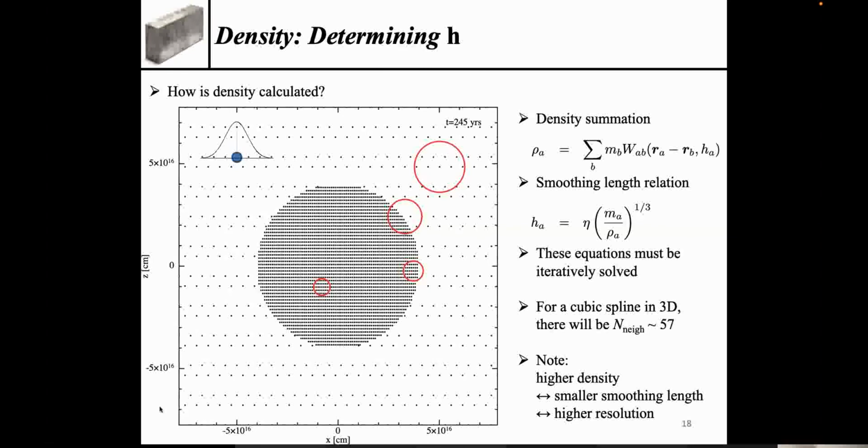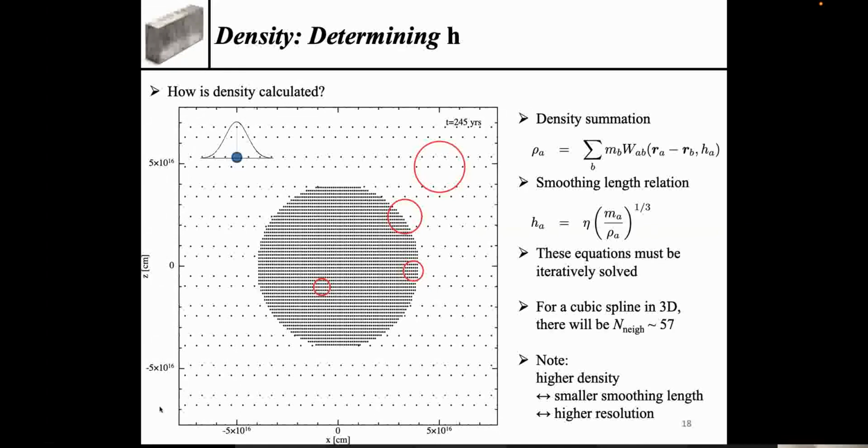What this also means is we have a simple relation: a higher density means you have a smaller smoothing length, and that also means you have higher numerical resolution. So arguably, in the middle of the sphere, where we have the small circle, we have a much higher numerical resolution than out in the background, where we have the much larger smoothing length, and therefore a smaller resolution.